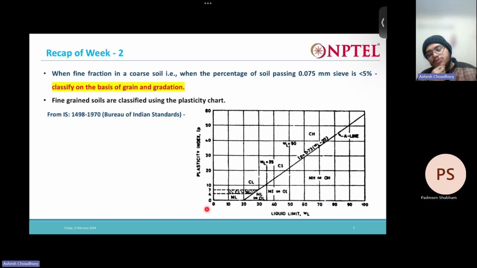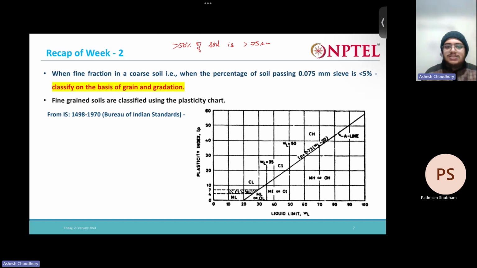After doing sieve analysis, we find that more than 50% of the soil fraction that we have sieved is greater than 75 micron. Say you have sieved 500 grams, and 400 grams, or say 450 grams, has a size greater than 75 micron.